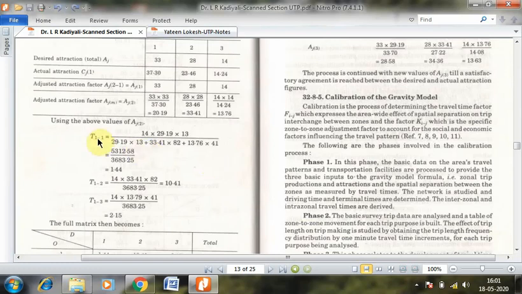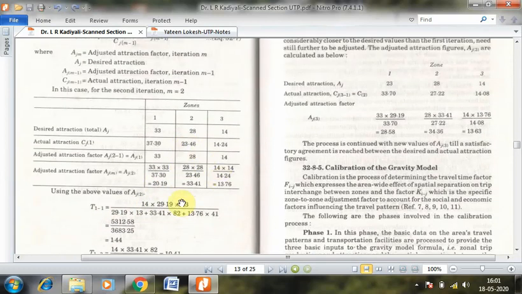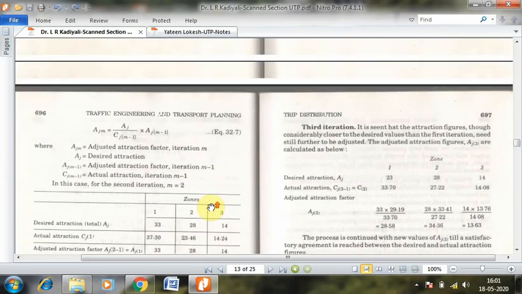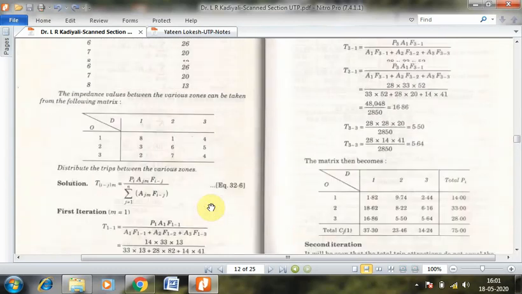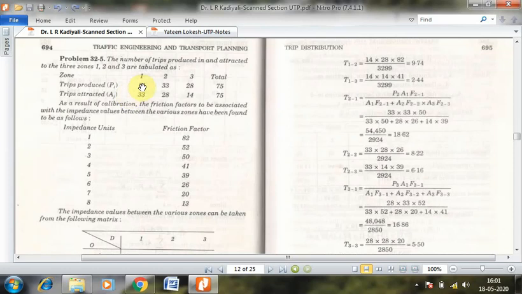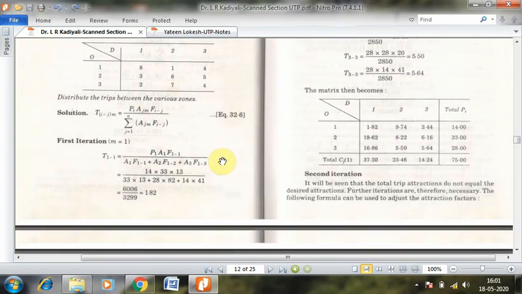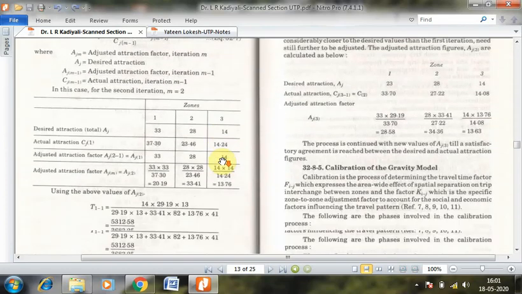So for this iteration, to calculate T11, I'll have to reconsider the elements in this equation. If you remember the equation, what is this 14? This 14 is the present trips that are produced. For zone 1, Pi is 14. So that 14 will be written here.